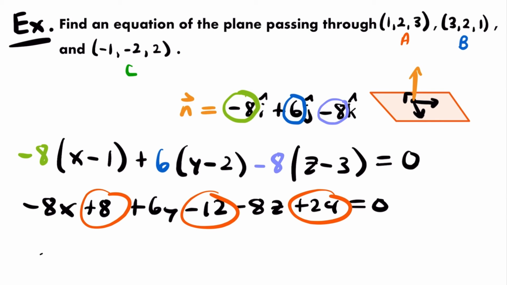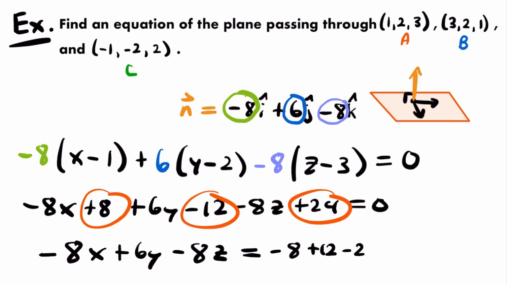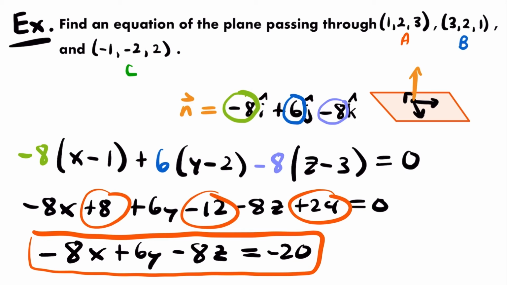And that will leave us with -8x plus 6y minus 8z is equal to -8 plus 12 minus 24. And -24 plus 12 will be -12 minus 8 will give us -20. So I'm just going to erase this, and we will have -20. And so that right there would be an equation of the plane passing through these 3 points.